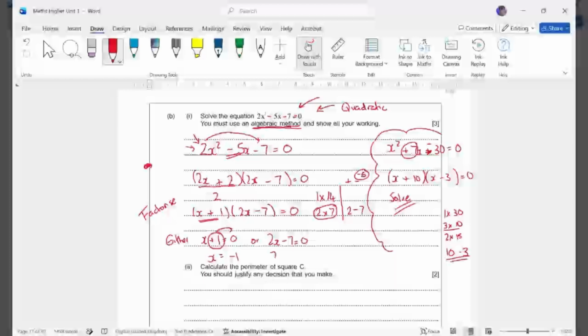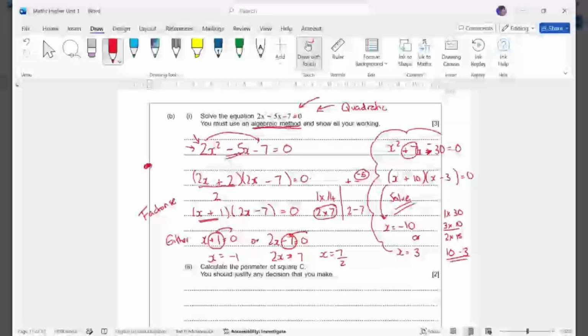To make this bracket 0, the minus 7 would move over to be plus 7. But I don't want 2x equals 7, I want x equals 7, and because it's times 2 on that side, it's divided by 2. In this case, if I go back here, you would have x equals minus 10, the opposite of plus 10, or x equals plus 3, the opposite of minus 3, which is there.